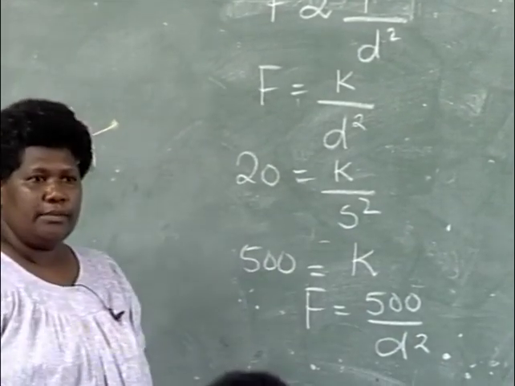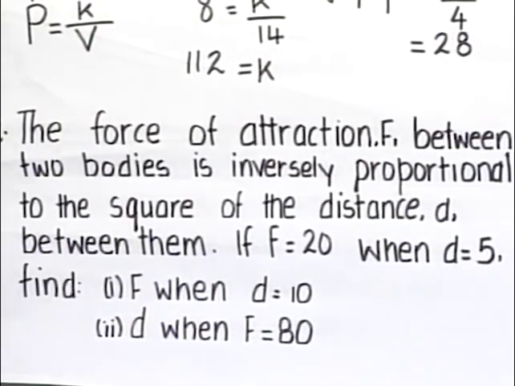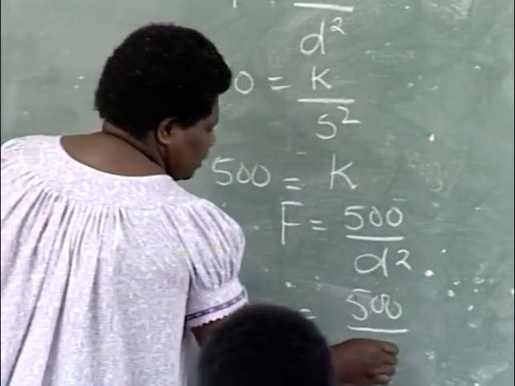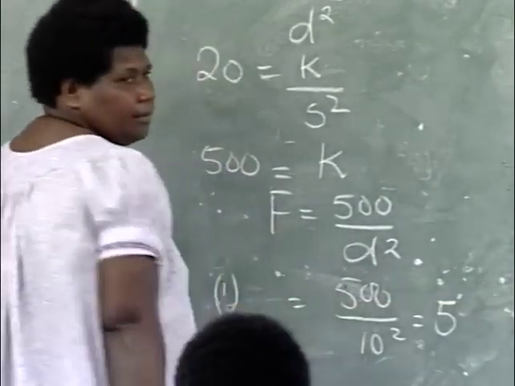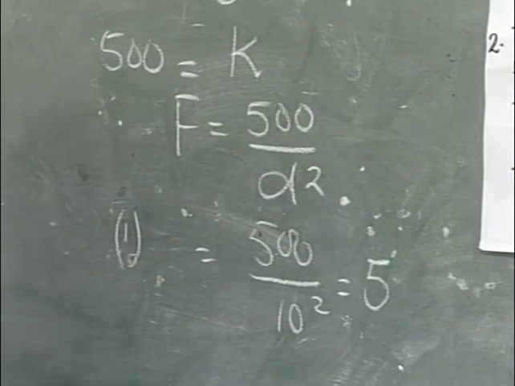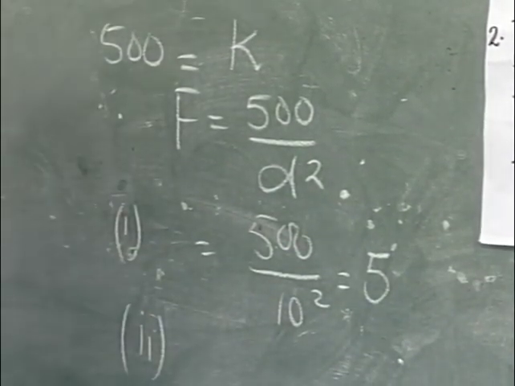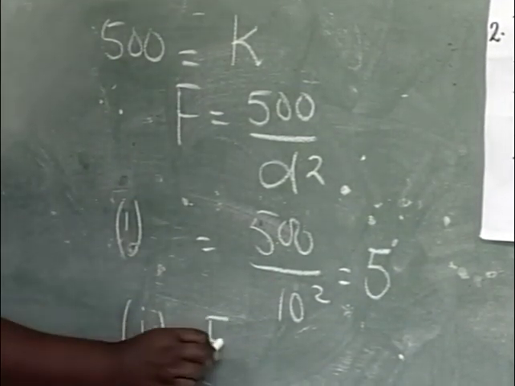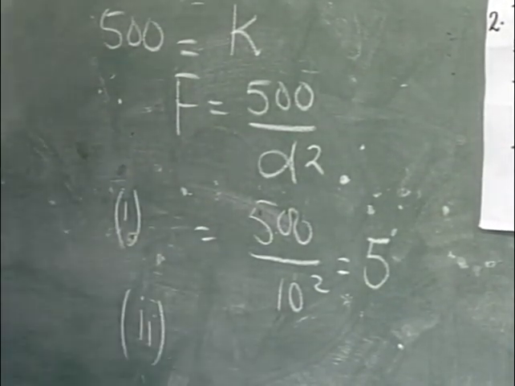That's the equation you have to substitute into to find F when d is 10. So number 1, when d is 10, it will be 500 over 10 squared, which is 5. So your answer for number 1 should be 5. And for number 2, we have to find d when F is 80.